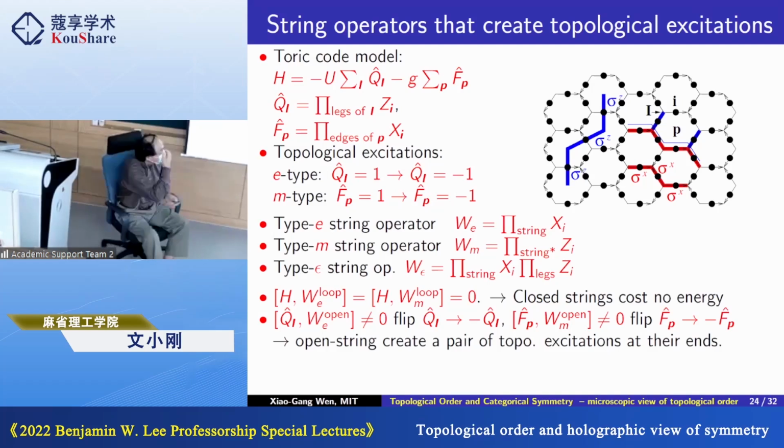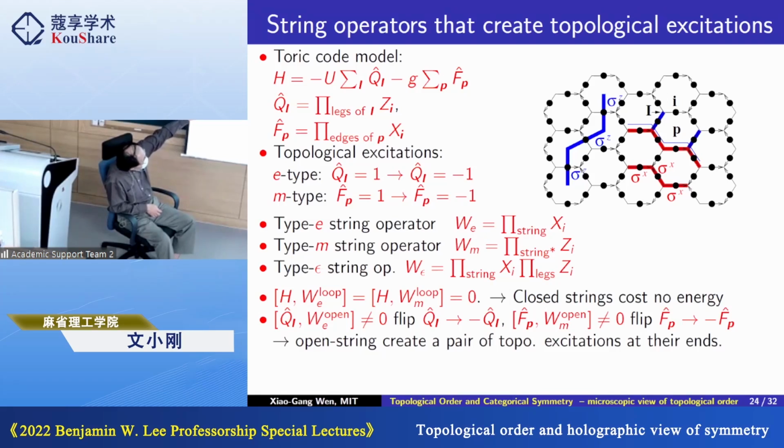The same thing holds for the F flip, where we have a string operator on the dual lattice. So this is the center of a hexagon, from the dual lattice. You can see that at the end of the string, one of the spins is flipped, but this is sigma z.